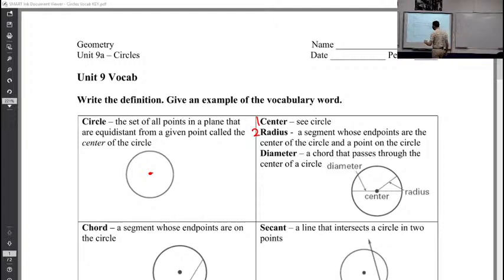In other words, what I'm doing is collecting every single point that is 5 inches away from this point. This point is called my center of the circle, and that distance of 5 inches is called the radius of the circle. So we are picking a point to be my center and a distance to be my radius, and that's what makes up a circle.